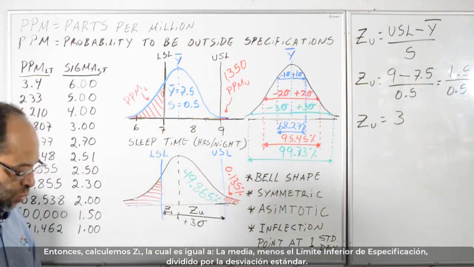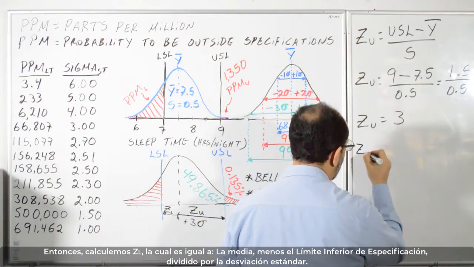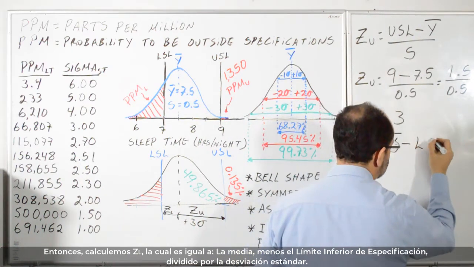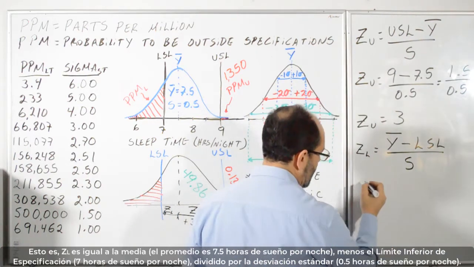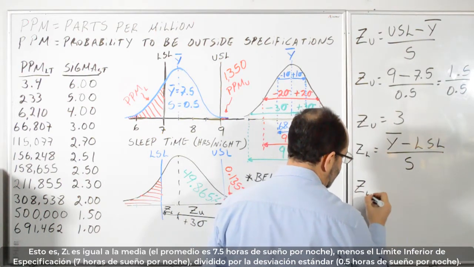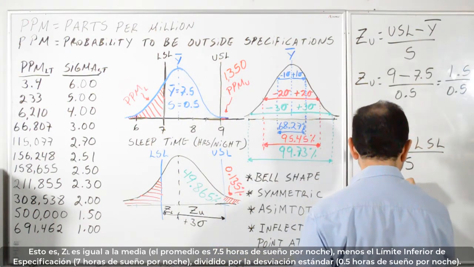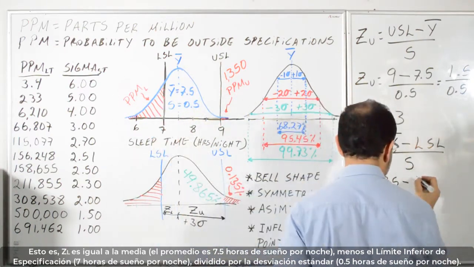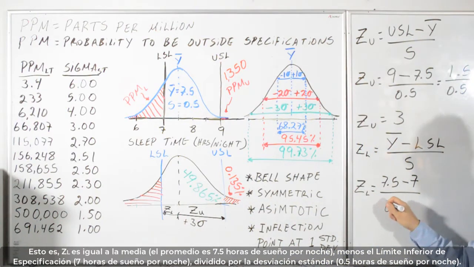Same mechanics. We have to calculate Z lower. Z lower is equal to the mean minus the lower specification limit, divided by the standard deviation. That is the mean of 7.5 hours of sleep, minus the lower specification limit of 7 hours of sleep, divided by the standard deviation of 0.5 hours of sleep.